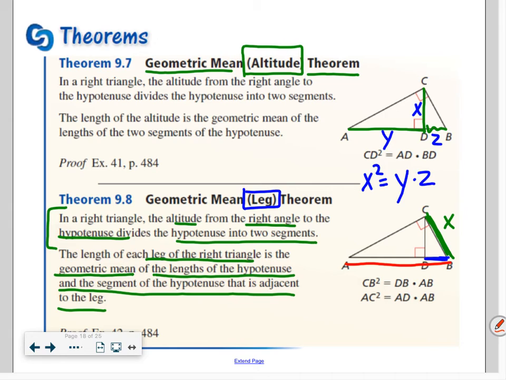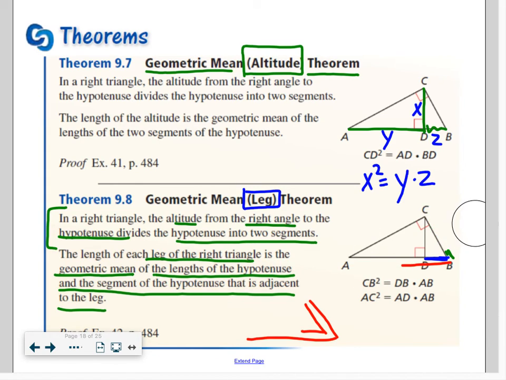It would look like this if I would draw it out separate. So we have the leg over the short piece of the hypotenuse, and again, that leg over the entire hypotenuse.